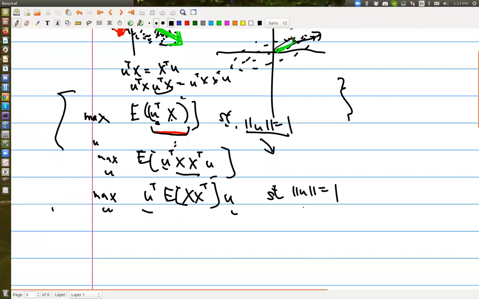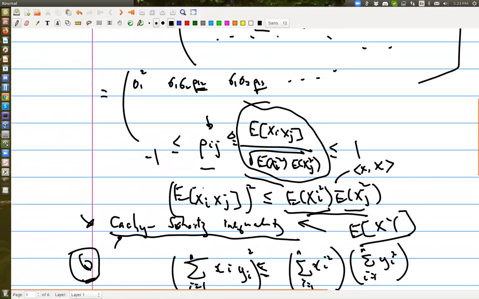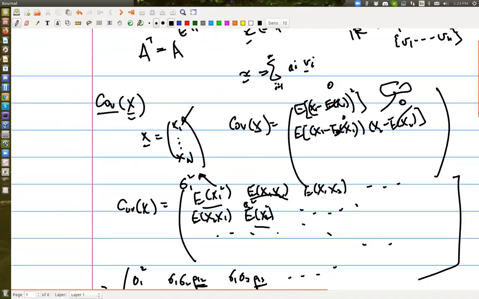Now I use the discussion we had at the beginning. We see that expectation of x x transpose is the covariance matrix, and the covariance matrix is symmetric, because expectation of x2 x1 is equal to expectation of x1 x2.